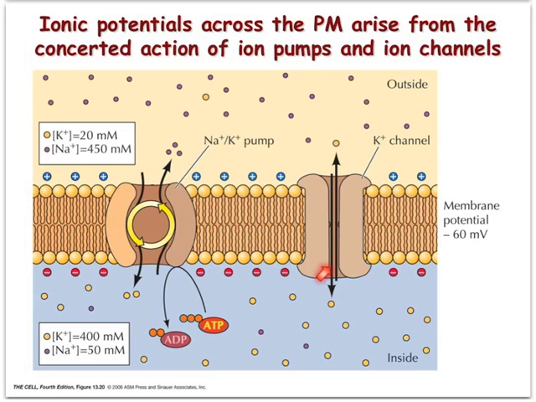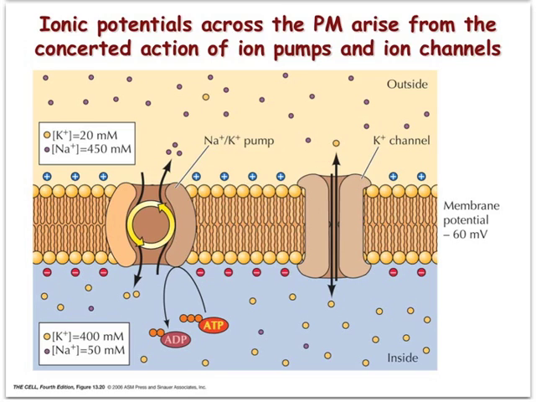However, this movement is very slow. Now, since the internal concentration of potassium ions, that is the concentration inside the cell, is substantially higher than the concentration of potassium ions outside the cell, the normal flow of potassium ions under resting conditions is from the inside of the cell to the outside of the cell.